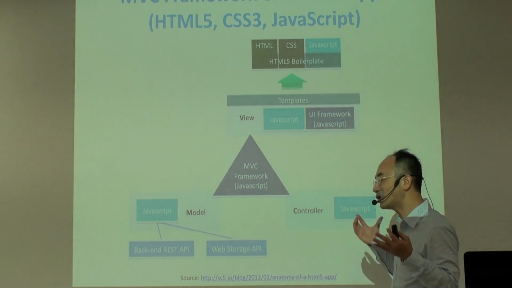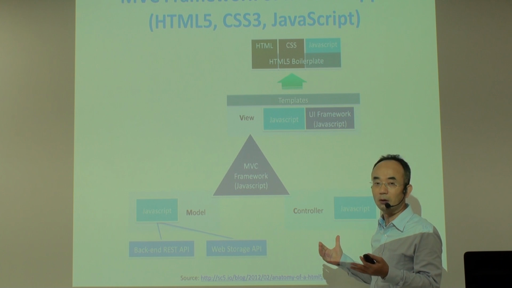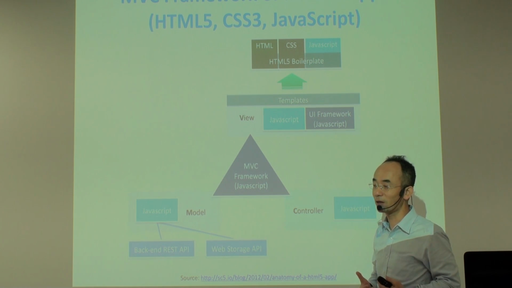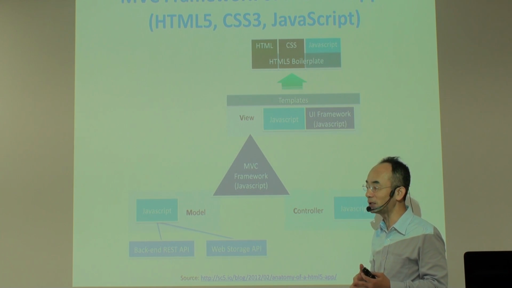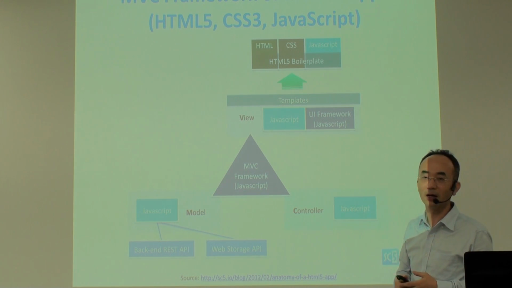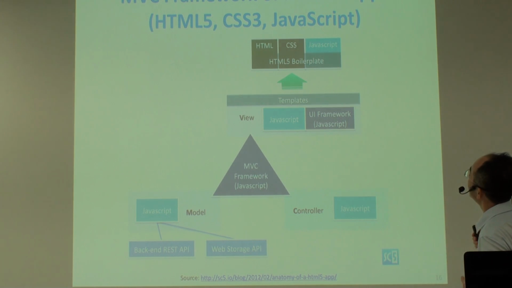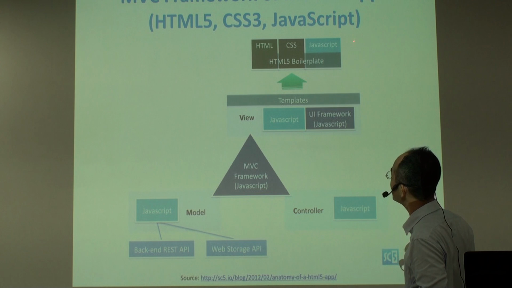For designing HTML5-based mobile apps, we'll be using the model view controller design pattern as well, like we use in developing iOS or Android with Java. It's almost the same, but the MVC framework of mobile apps will be using HTML5, CSS3, and JavaScript.